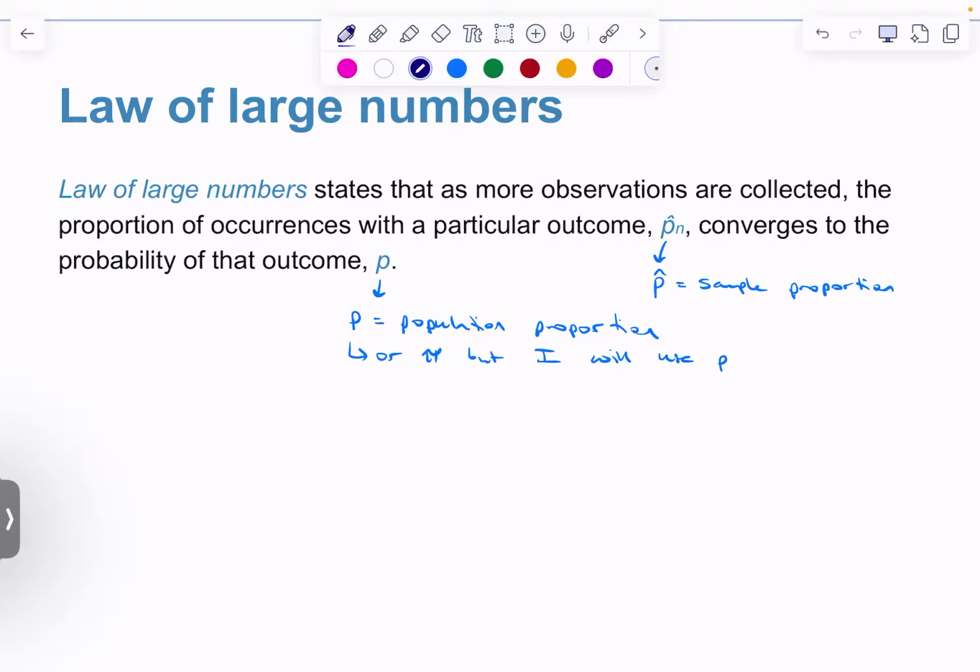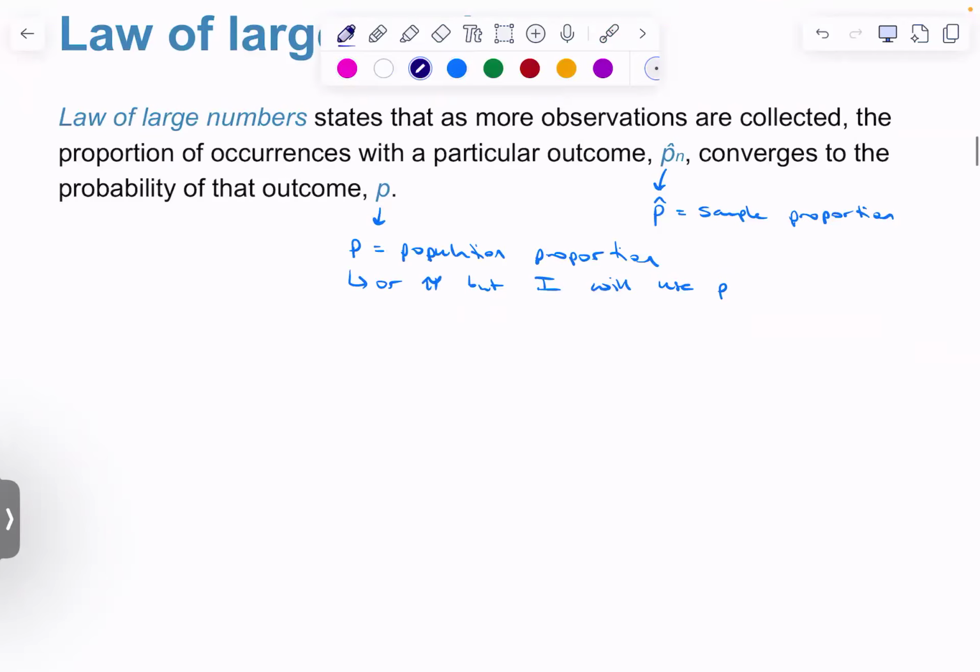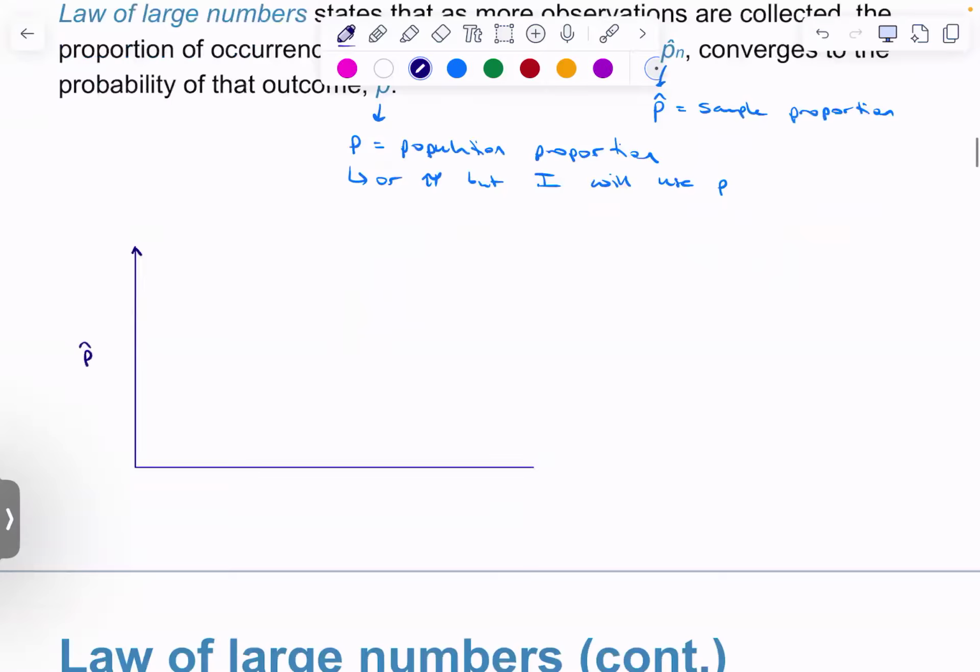So, what does the law of large numbers mean? Well, if I have something like this, and I have my p hats on the y-axis, and I have the number of times that I flipped a coin.